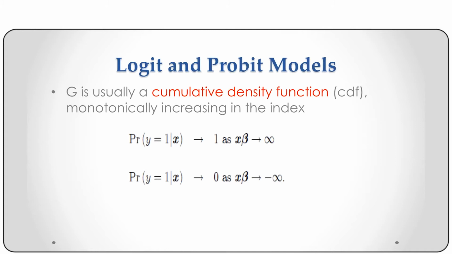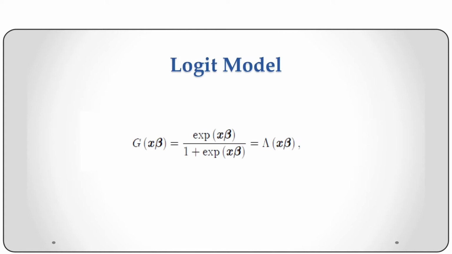So such a function will be monotonically increasing, and it will tend to 0 as the predictor tends to minus infinity, and will tend to 1 as the predictor tends to infinity. So suppose, for example, we were to say that G was the CDF of the logistic distribution.